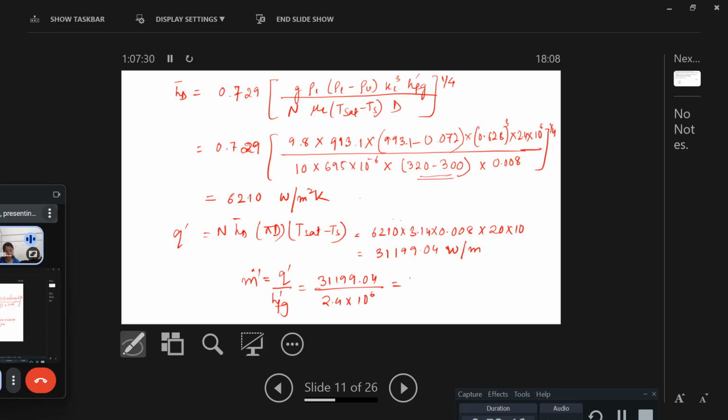We get this as 12999 into 10 to the power minus 6.